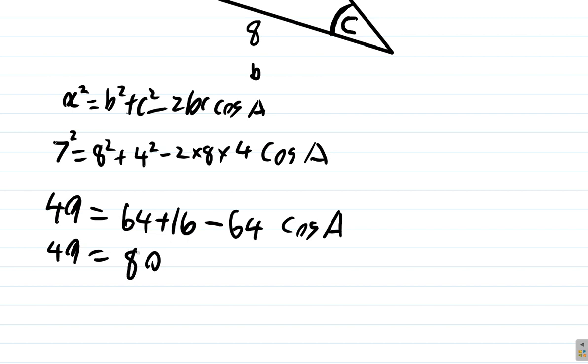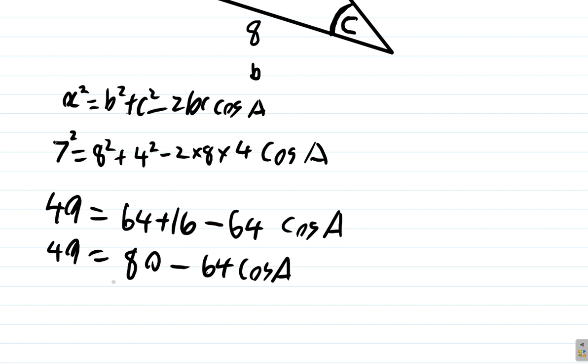Right. Minus 64 cos A. Remember, do not subtract the 64 from the 80 here because the 64 is multiplied by something else. Alright?